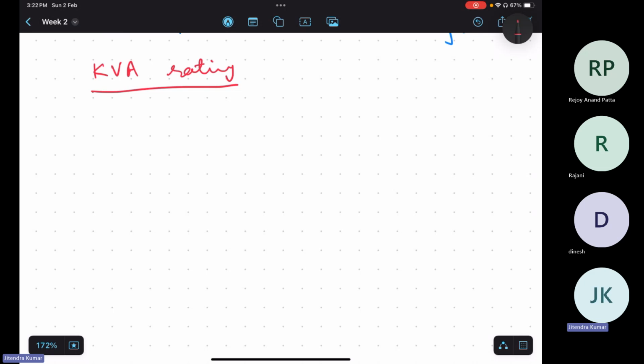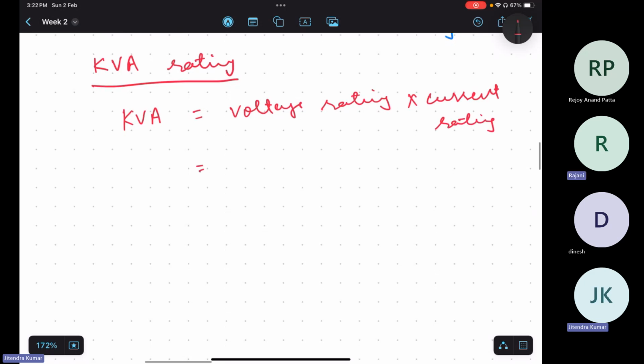So what will be the KVA rating? Voltage rating into current rating. Now, voltage will be nothing but induced EMF.